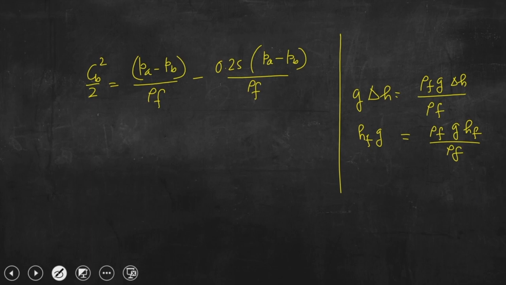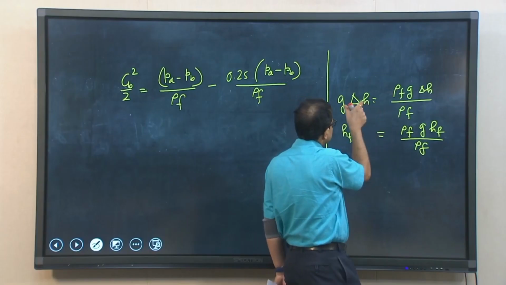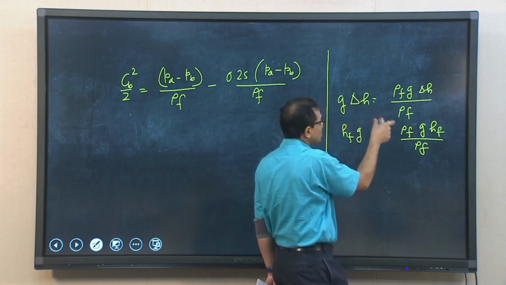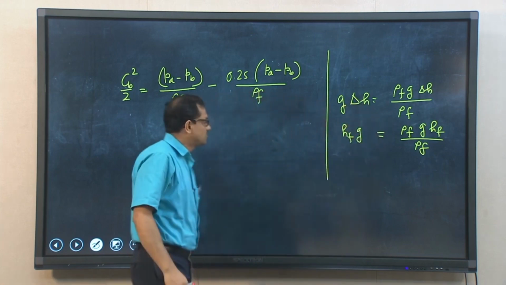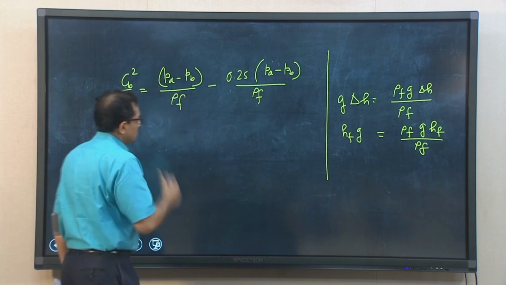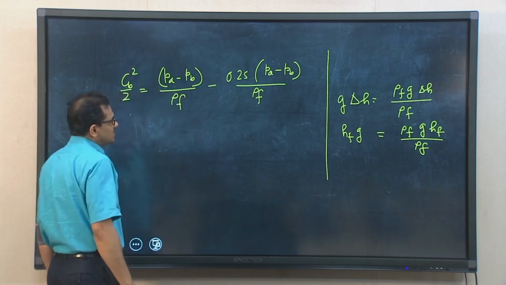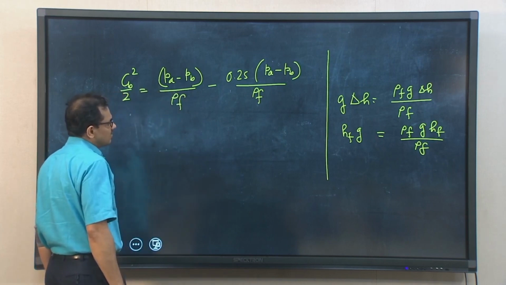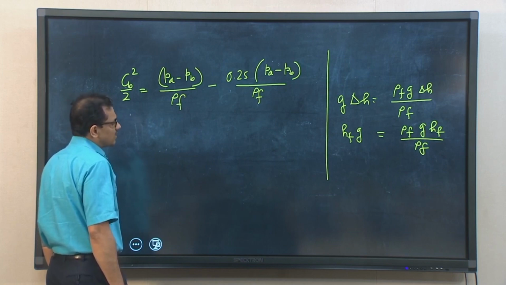So, the total pressure drop, this plus this, is equal to 25% of that at the venturi. So, you know that rho f into G into H plus rho f into G into H f by rho f, that is equal to.